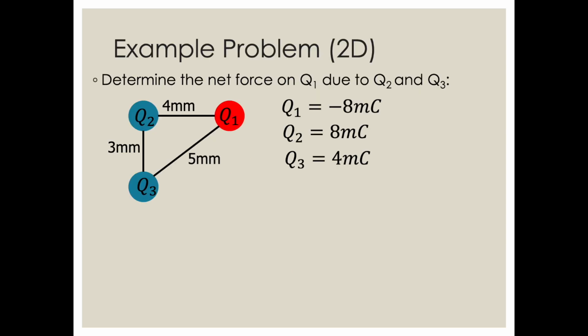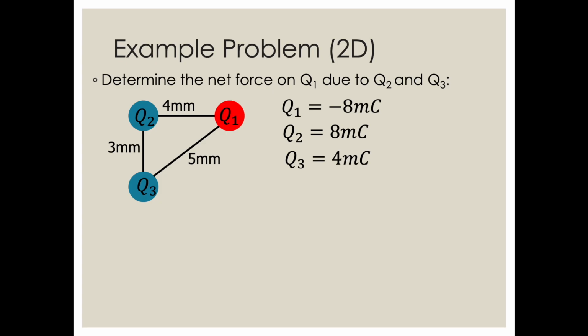Now that you've seen how to solve a simple Coulomb's law problem, let's take a look at a slightly more difficult problem, which is a two-dimensional problem. In this problem, we have two positive point charges, Q2 and Q3 as shown, and we have one negative point charge, Q1, and the values are shown.